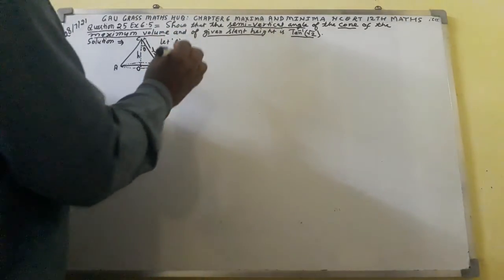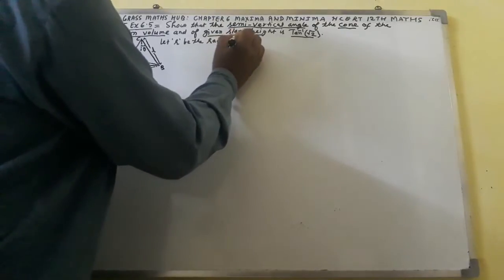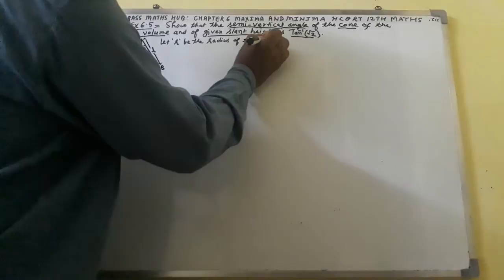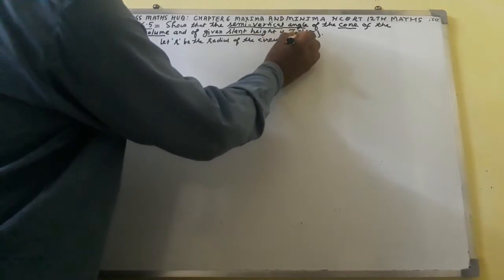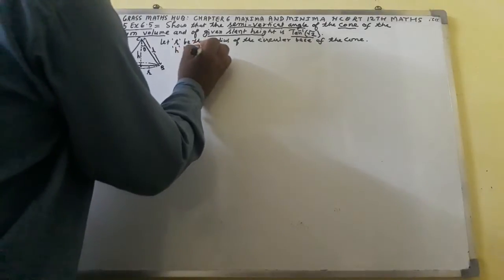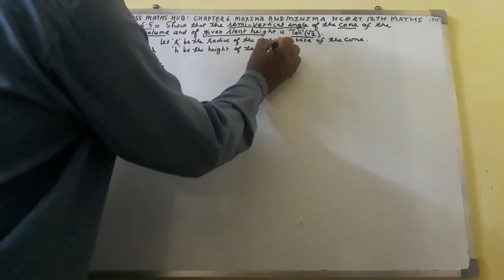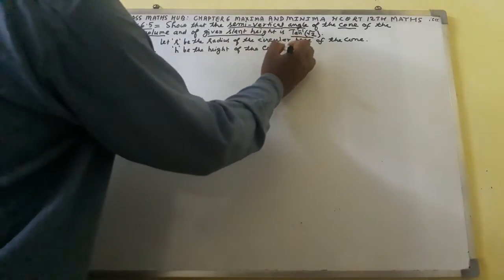So here I shall write: let small r be the radius of the circular base of the cone. Let H be the height of the cone.